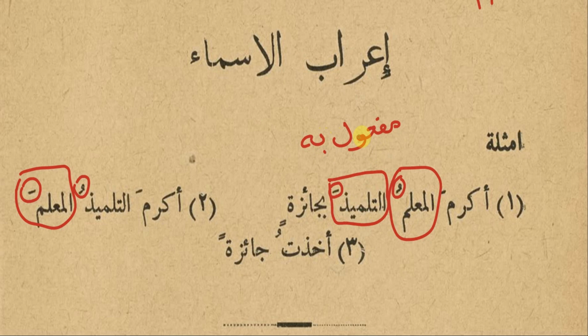So it was done to him. So this act of honoring, he was the one who was honored by this teacher. But notice these movements here, they indicate who's the subject and who's the object.